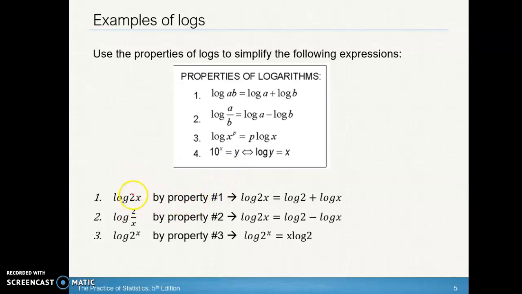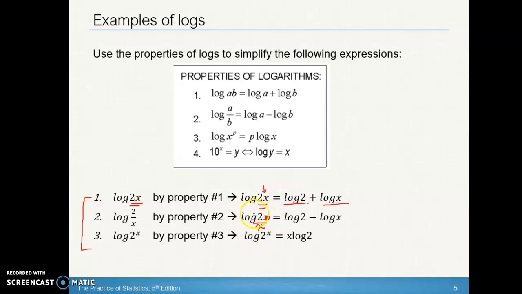All right, so here's just a couple examples of using the properties of logs in order to simplify the following expressions. So log of 2x, since this was multiplied, what I can do is separate it by separating these two bases right here. The log of 2, since it's multiplied, plus the log of x, okay? This should be log 2 over x.